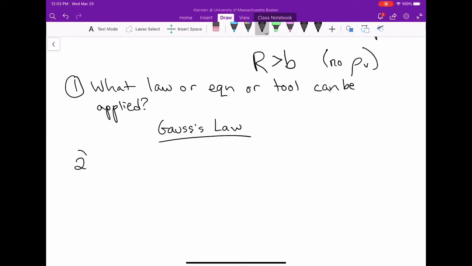Step 2 then is, how do we apply Gauss's law? We're going to have to choose a Gaussian surface.